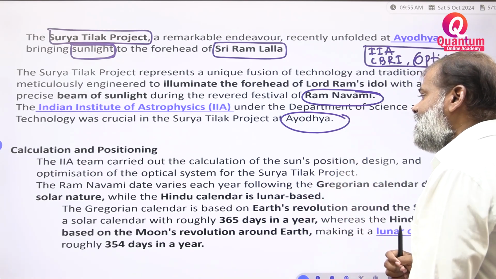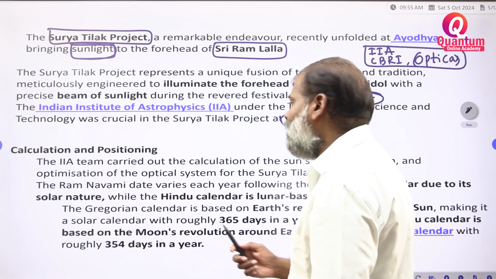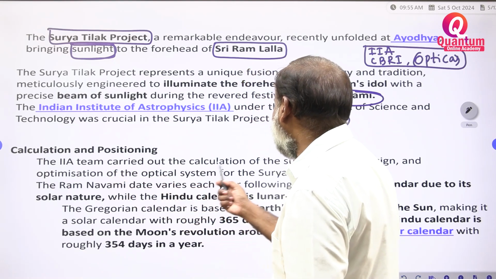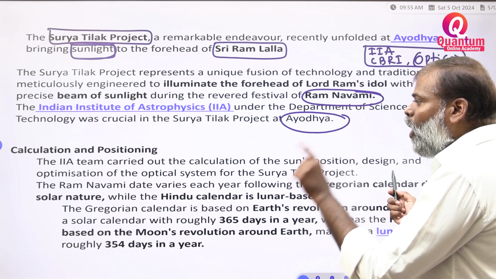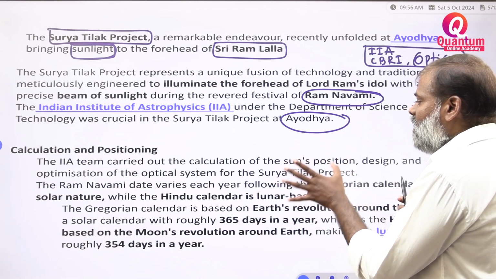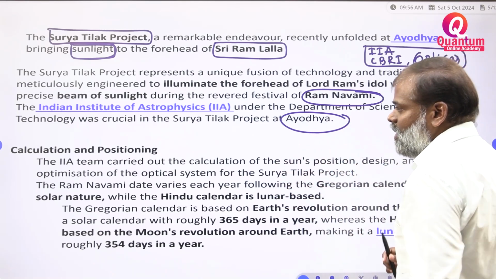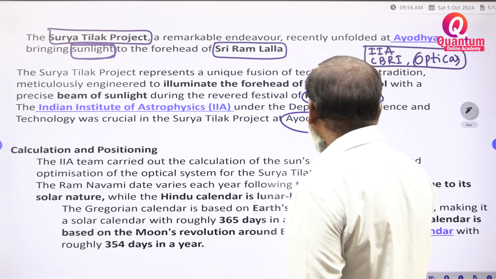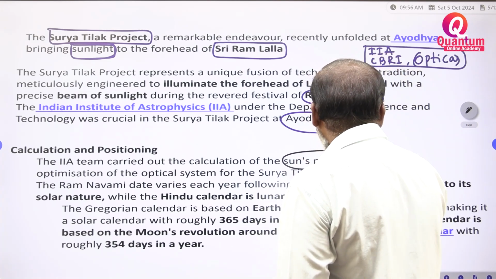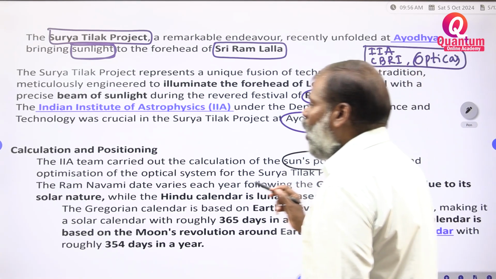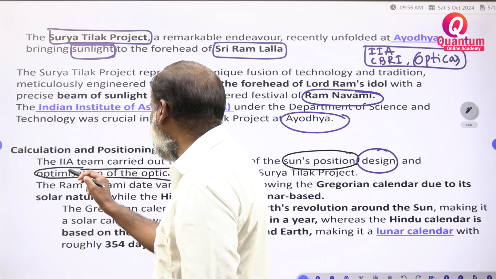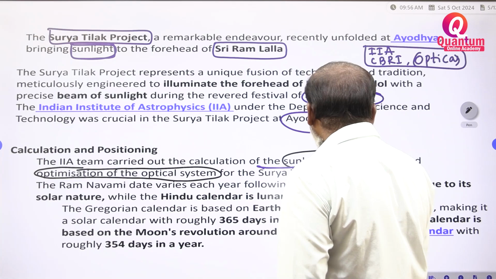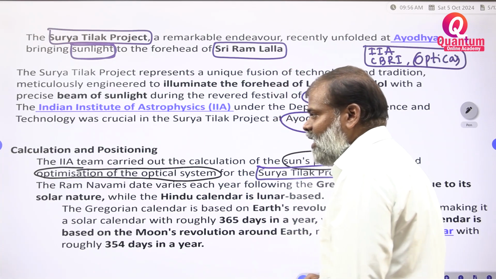Two calendar systems are there. The Indian Institute of Astrophysics team carried out the calculations of the sun's position, and the design and optimization of the optical system for the Surya Tilak project.